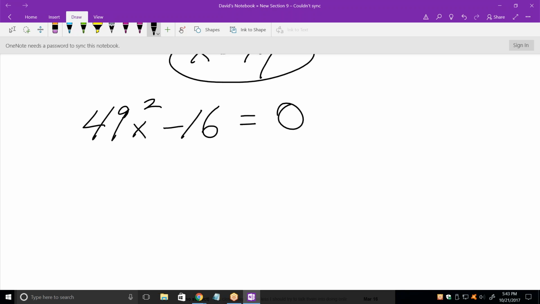There are two ways to solve it. One is taking the square root of both sides. The other is DOPS.